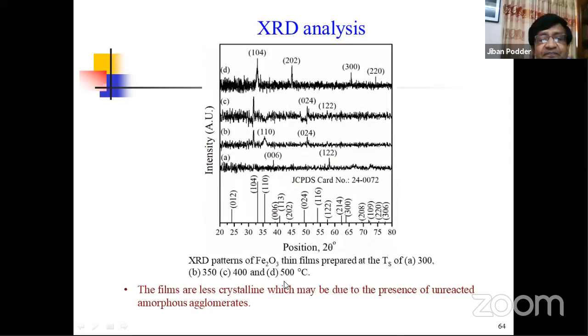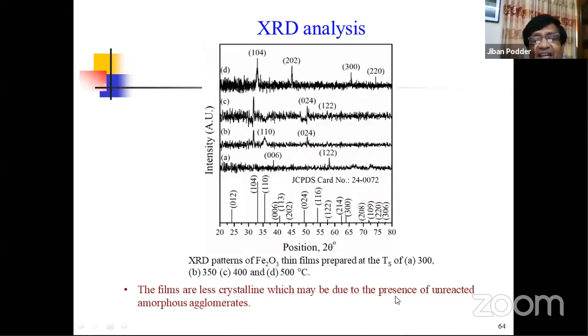Here again, we have done the ferric oxide. It is less crystalline, as the reflection peak from the XRD is not sharp. So we say this is less crystalline, but it can be improved after annealing.